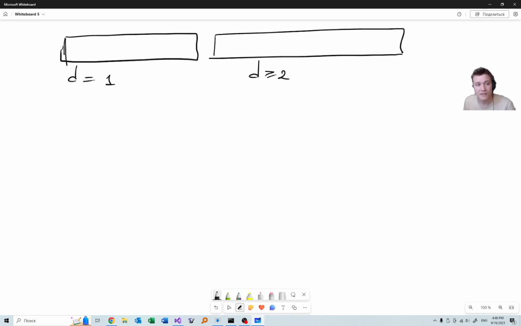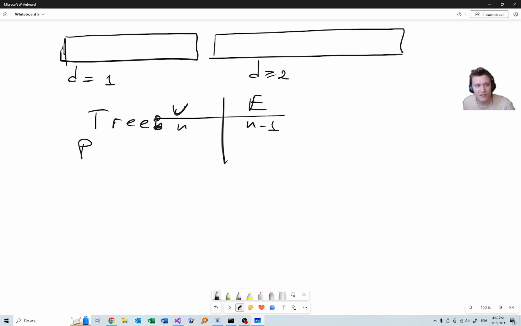So, in any tree, you have n vertices and n-1 edges. But if you add one edge and get a pseudotree, it has n vertices and n edges. And so the sum of degrees should be twice that.